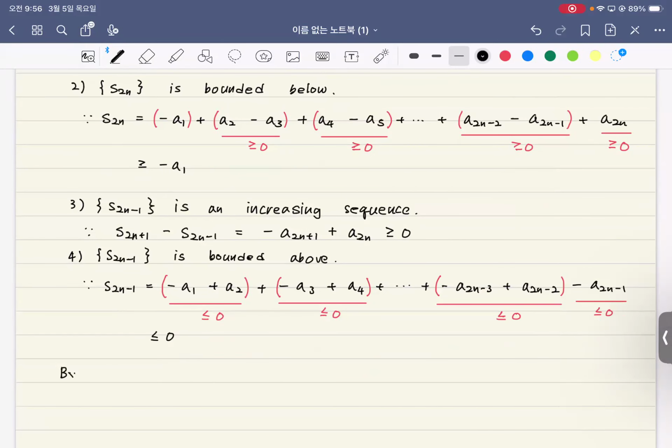So by the monotone convergence theorem, the first and second subsequences are convergent.